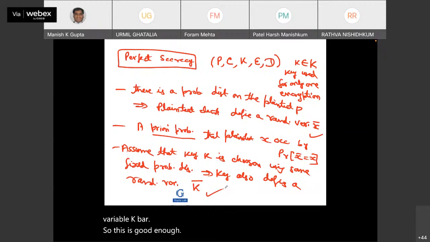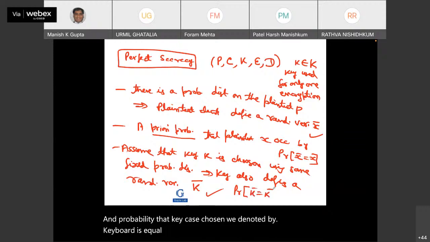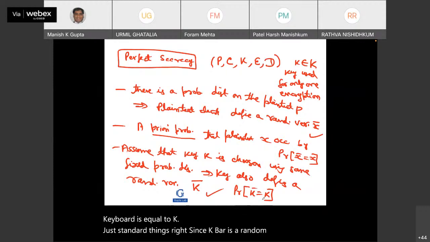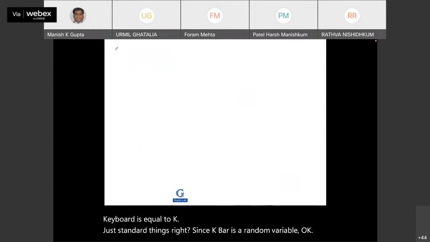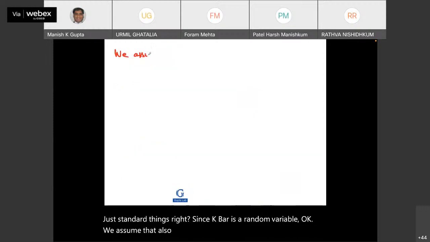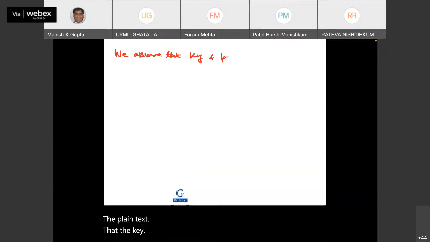And probability that key k is chosen, we denote it by Pr[k bar = k]. Just standard things, right? Since k bar is a random variable. Now we assume that the key and plain text are independent random variables.